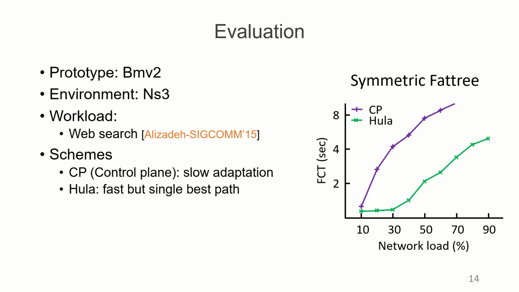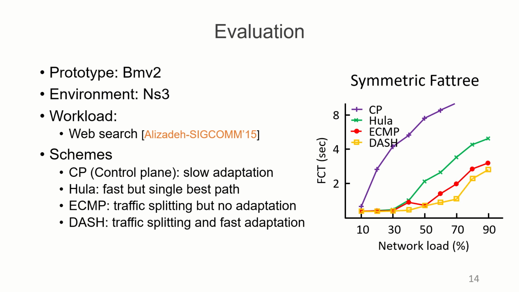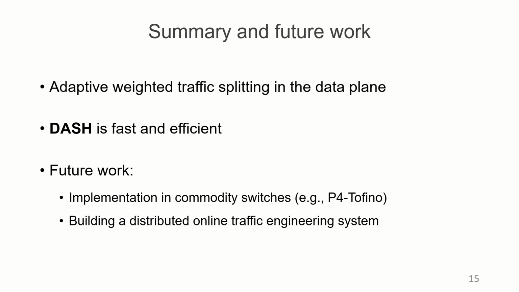Second, Hula, which can adapt to network conditions very fast, but can only use one path at a time. Third is ECMP, which can split the traffic across multiple paths, but cannot adapt to network conditions. And our solution, Dash, can exploit multiple paths and adapt to network conditions fast. So Dash can outperform all the others.